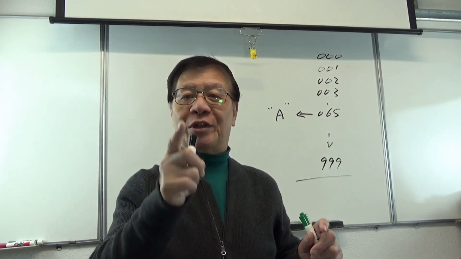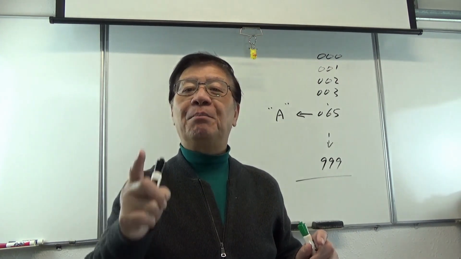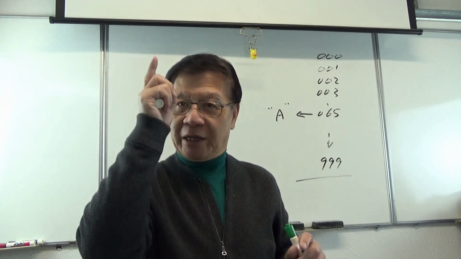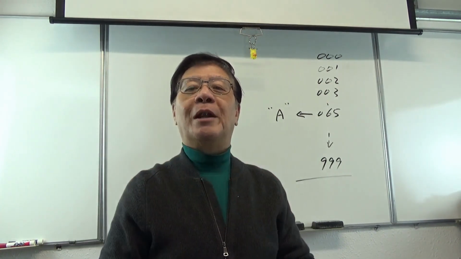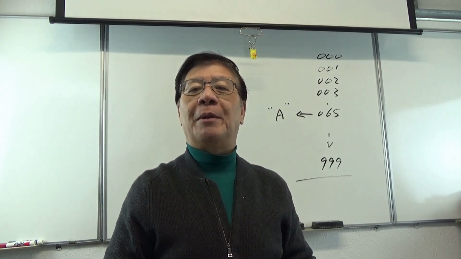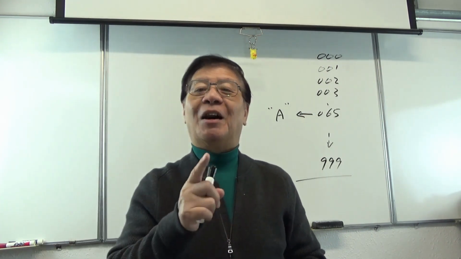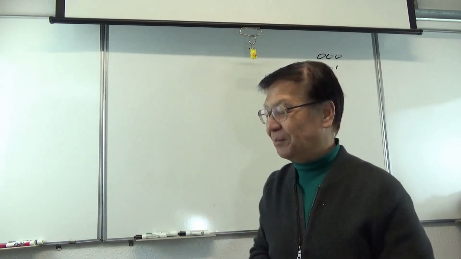We could use numbers to represent something meaningful, typically, essentially, the letters, the elements of human language, human communication. Agree? Okay, good. Now let's move on to another system, binary system.